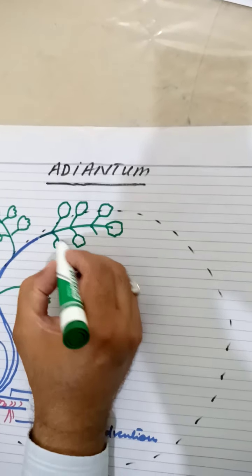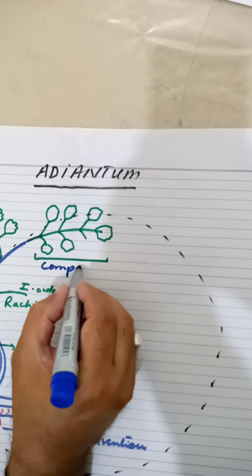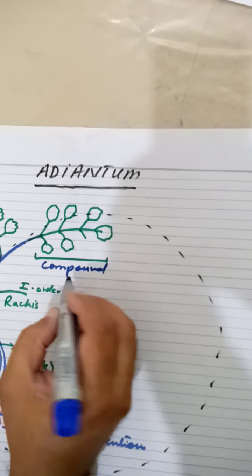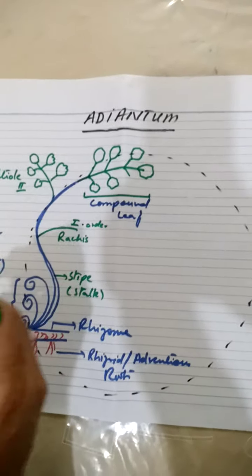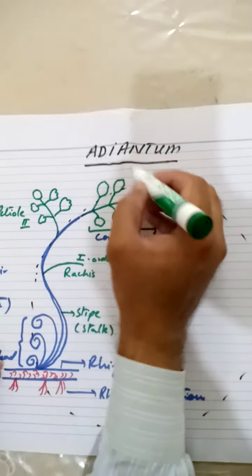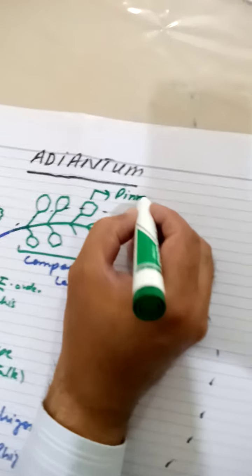Now this one is a compound leaf. The compound leaf is not a chemical compound. The leaf which contains more than one blade-like structure, like this one, is called a pinnule.